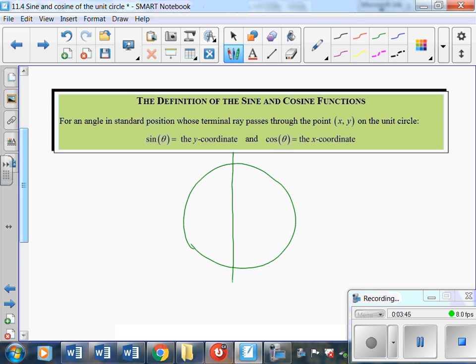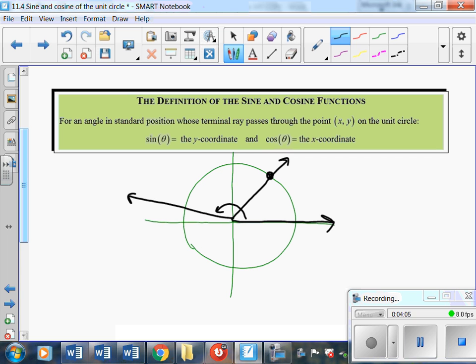An angle in standard position means that one of the rays sits right here at the x-axis between quadrants 1 and 3, and the other ray ends up somewhere on our circle. So it could be here, and then this would be the point xy. It could be over here, so this would be our angle, and this would be our xy. But it doesn't matter.